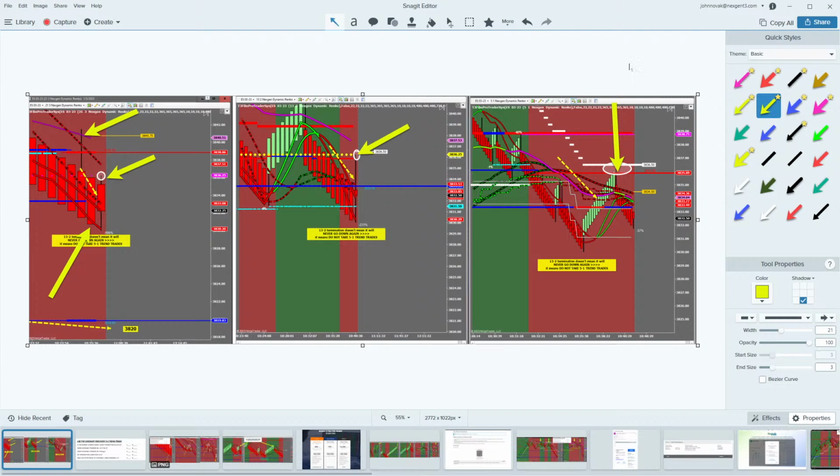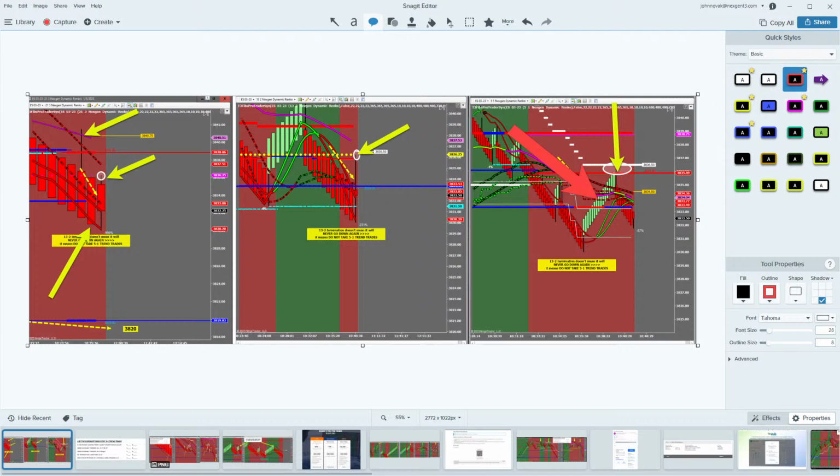So again, look, the only thing this said is don't get in right here, but we're still going down. Now, how far will it go? Who knows? We might have to manage.